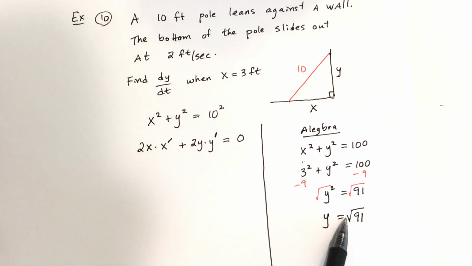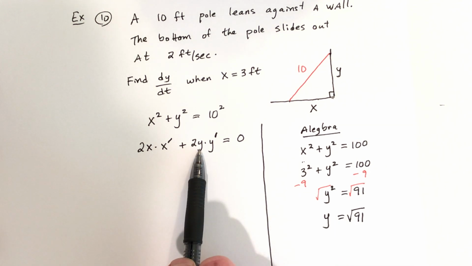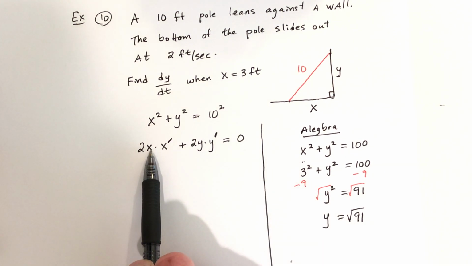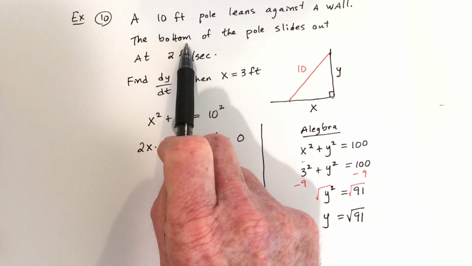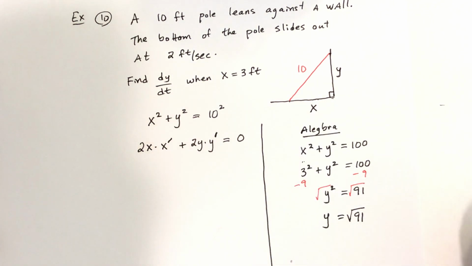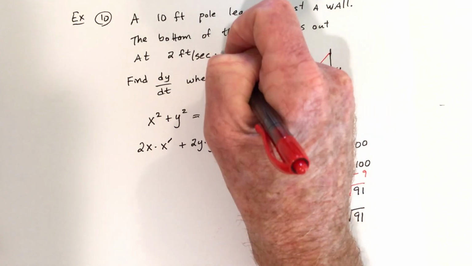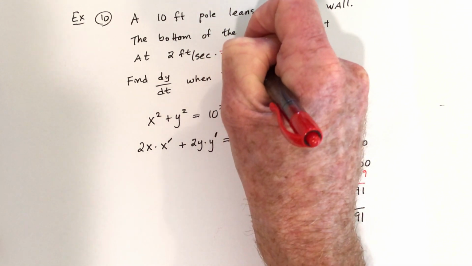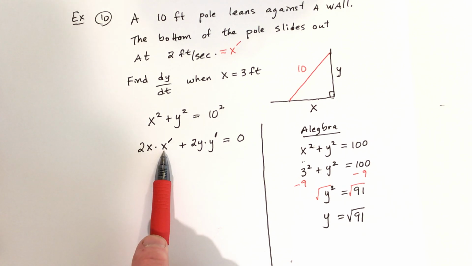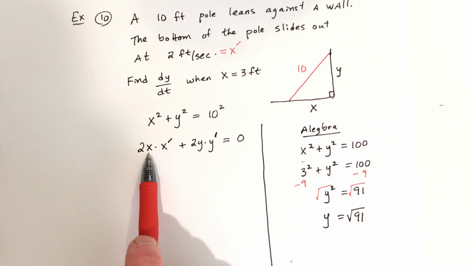So now I can take that and plug it in for that y. I can take this 3 and plug it in for that x. And this is the bottom, so it's talking about x. In other words, it's saying that x prime equals 2. So this is going to be a 2. This will be the 3 for x.